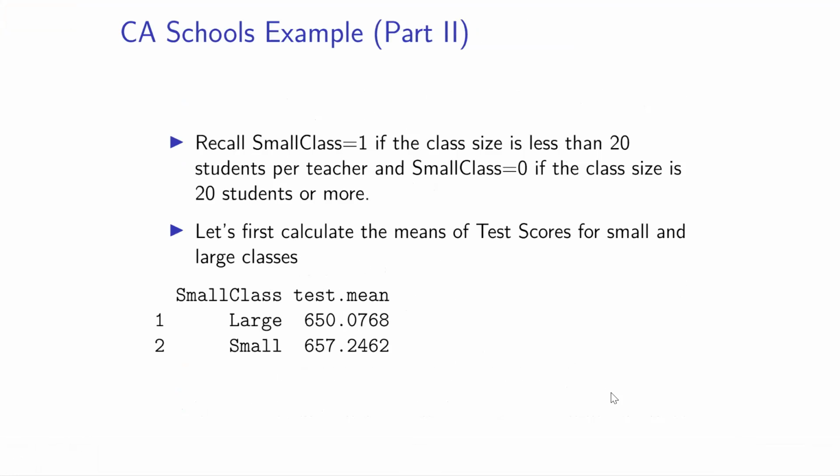Back to the California schools example, if the small class dummy is true, then the mean of the test score is 657.24. And when the small class dummy is not true, that means the class size is a large class size, then the population mean for the test score is 650. That means the difference in population means gives us the estimate for beta 1 hat, when the dummy variable is true.